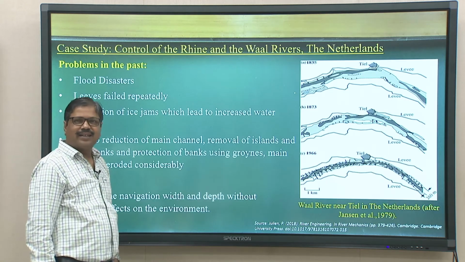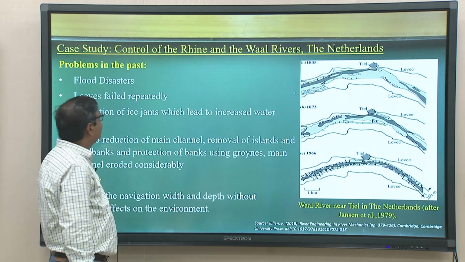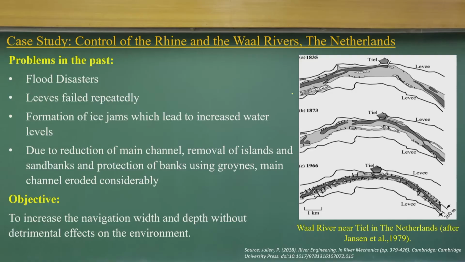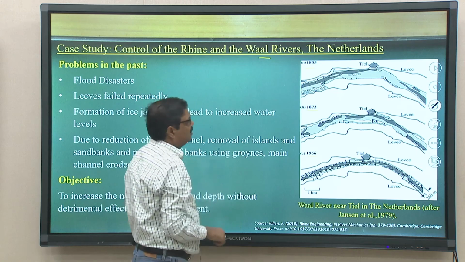Let us look at another, very interesting case study: the Rhine-Waal rivers in the Netherlands. You can see the figures for 1835, 1837 and 1966. In these figures, this is the water and this is the levee, the embankment.